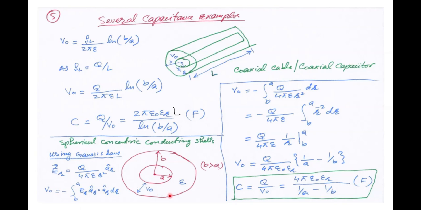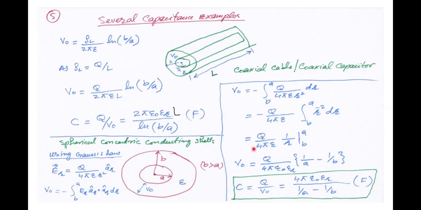That is to carry a unit positive charge from r equal to b to r equal to a. That is, we are actually doing work against the charge residing on the r equal to a surface. So using the expression of electrostatic field for a point charge, we obtain the expression for the potential.